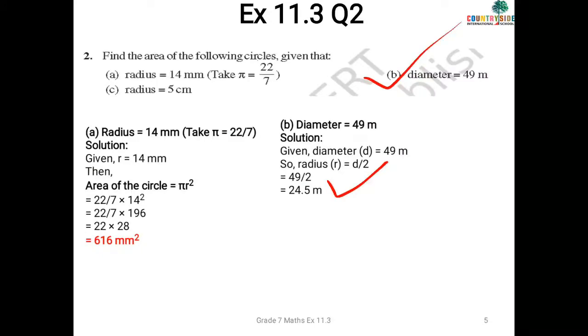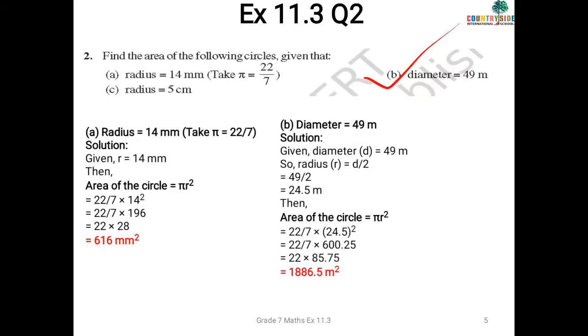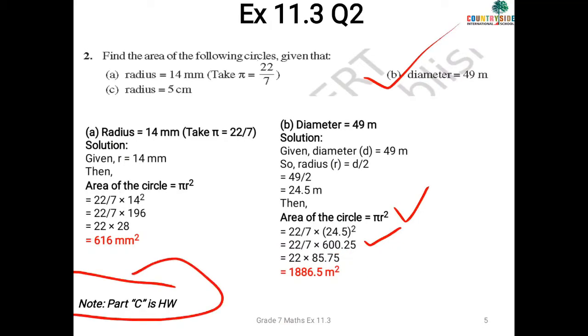Now simply put the value of radius into the formula pi r square. So pi equals 22 by 7 into r square, 24.5 square. Now 24.5 square is 600.25. When you multiply this, you will get the answer as 1886.5 meter square.